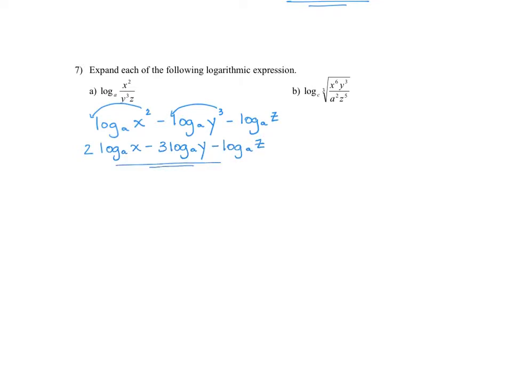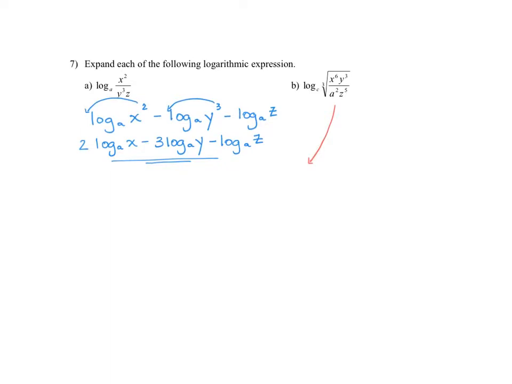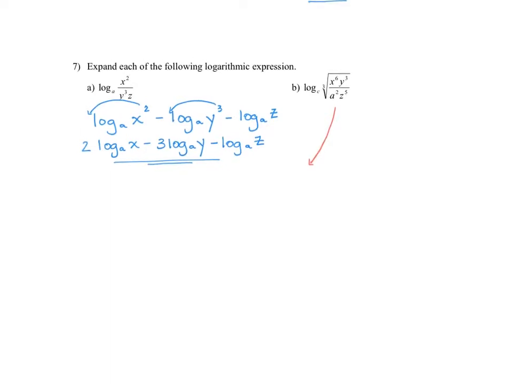And for the last one, we'll want to rewrite as a power of 1/3 instead of the cube root of the argument, so it'll make it easier for us to expand. So we'll have log base c of x to the 6th y to the 3rd over a squared z to the 5th, all raised to the 1/3 power.